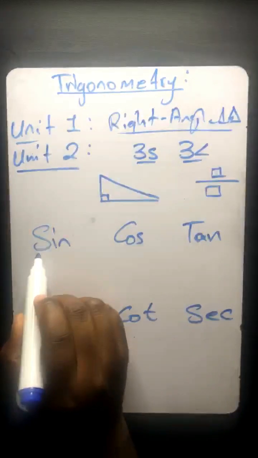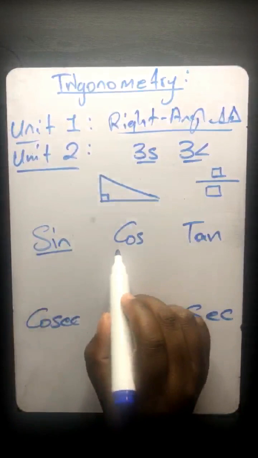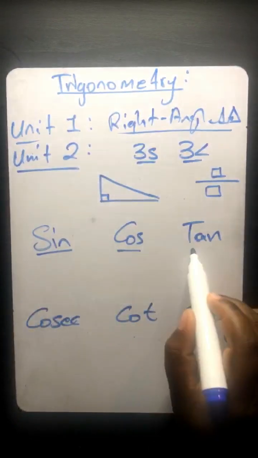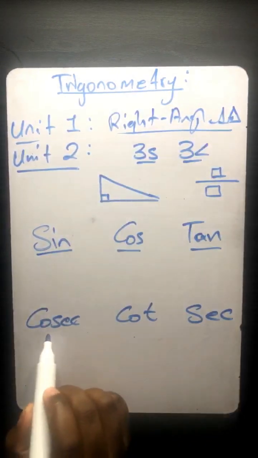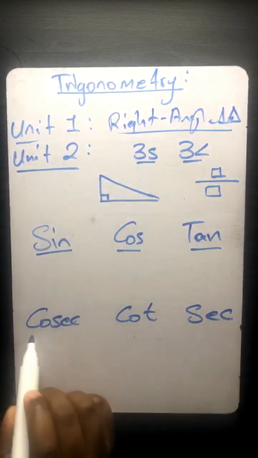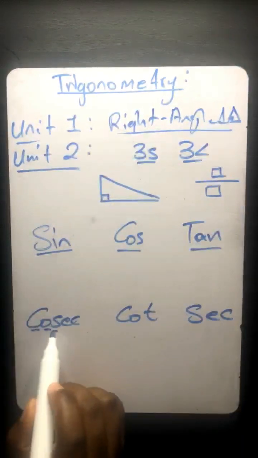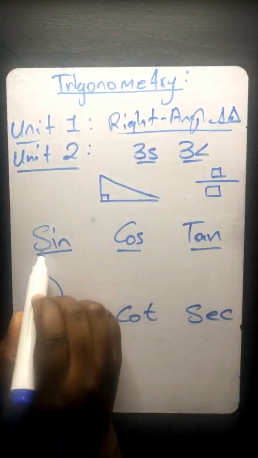We now need to know what is the cousin of sine, what is the cousin of cos, and what is the cousin of tan. This is how you remember. You focus on letter number 3. What is letter number 3? 1, 2, 3. Letter number 3 is S, meaning S for sine.